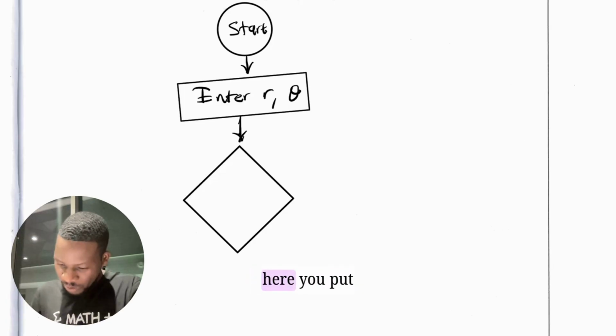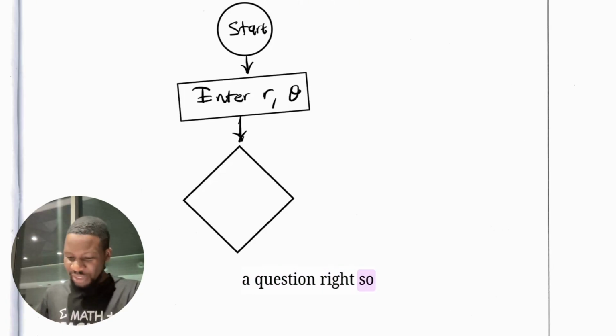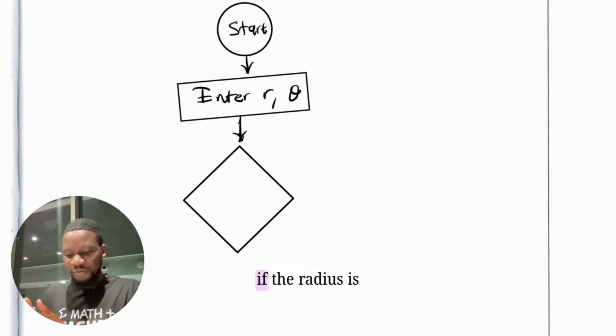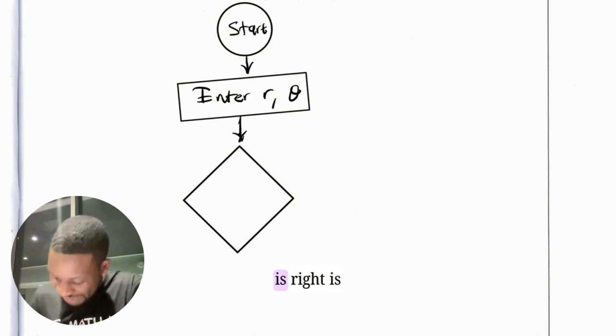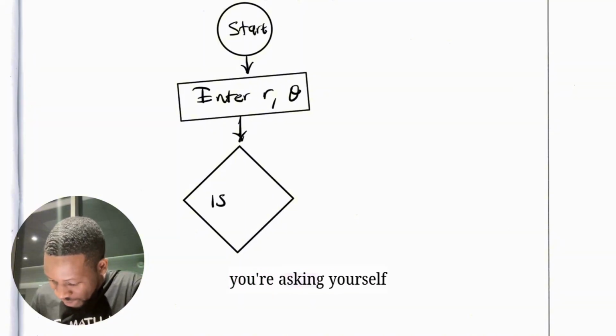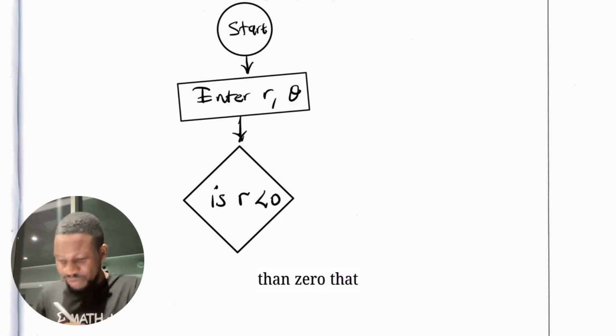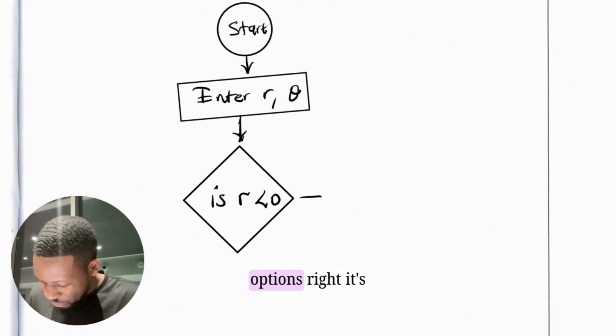Okay, so here you put a question, right? So if the radius is less than 0, the question that you're going to put is, you are asking yourself, is the radius less than 0? That is what we put. Then you are going to have two options, right?